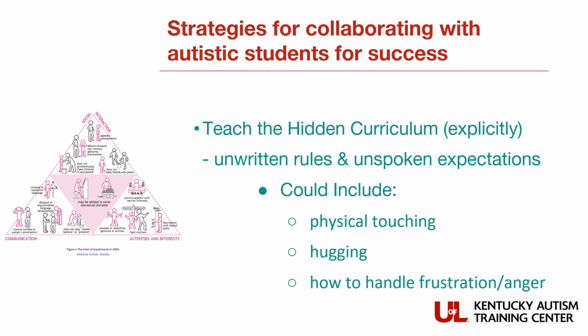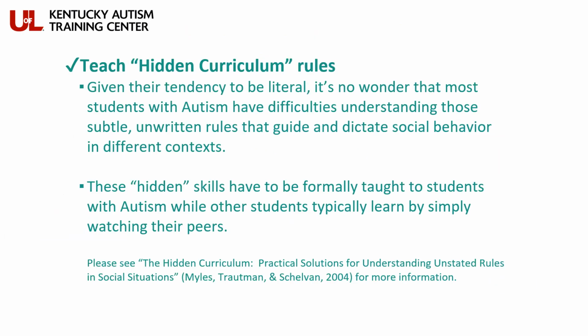And so again, they may need some explicit instruction in that. And then of course, how to handle frustration and anger. So again, don't let those things get bottled up. Make sure you're reaching out to the services that are available there, and just know those students are going to need some explicit instruction in those areas.